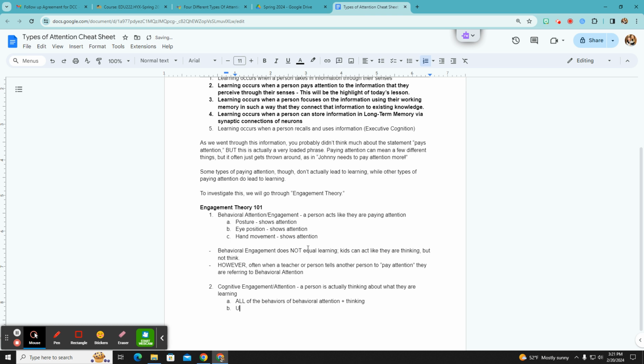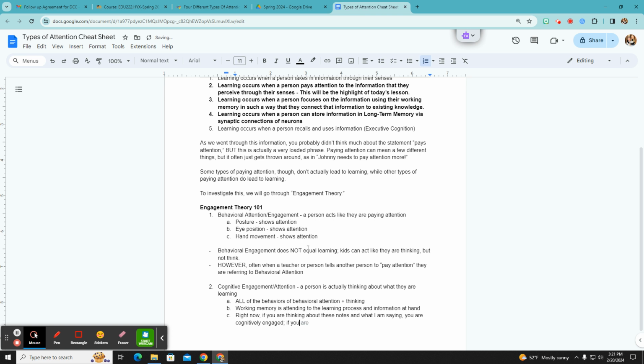Okay? This means the working memory is attending to the learning process and information at hand. So I'm going to use this exact moment. Right now, if you are thinking about these notes and what I'm saying, you are cognitively engaged.